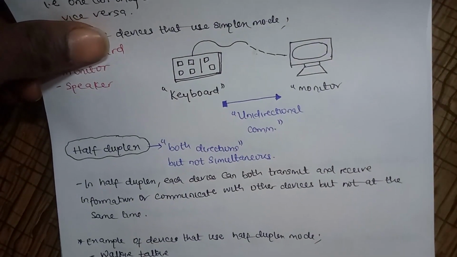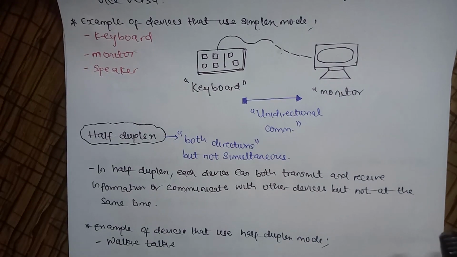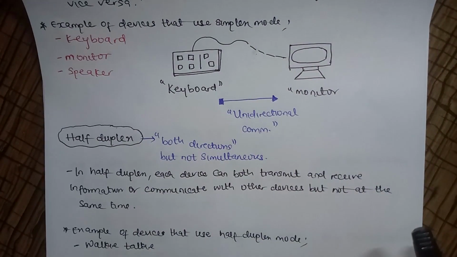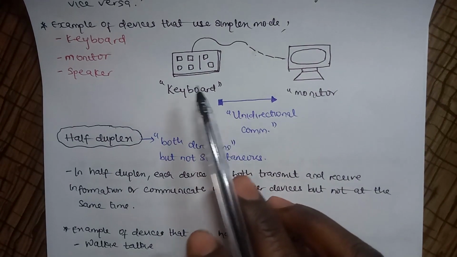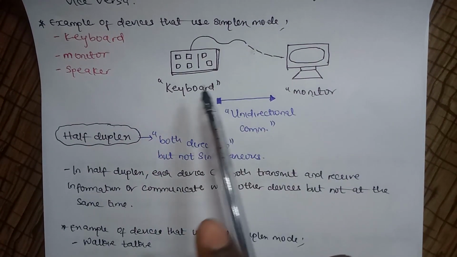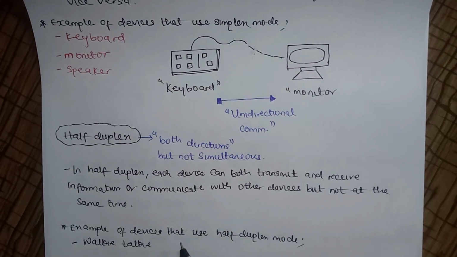Let's look at the next mode of communication. The next mode is termed half duplex. Half duplex simply means that, unlike in the previous example where information goes from the keyboard to the monitor in one direction, both of them can send information, but not at the same time.